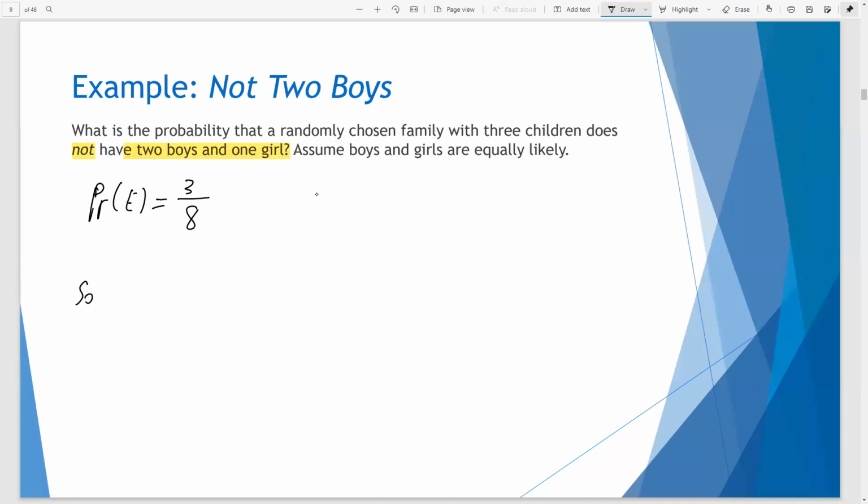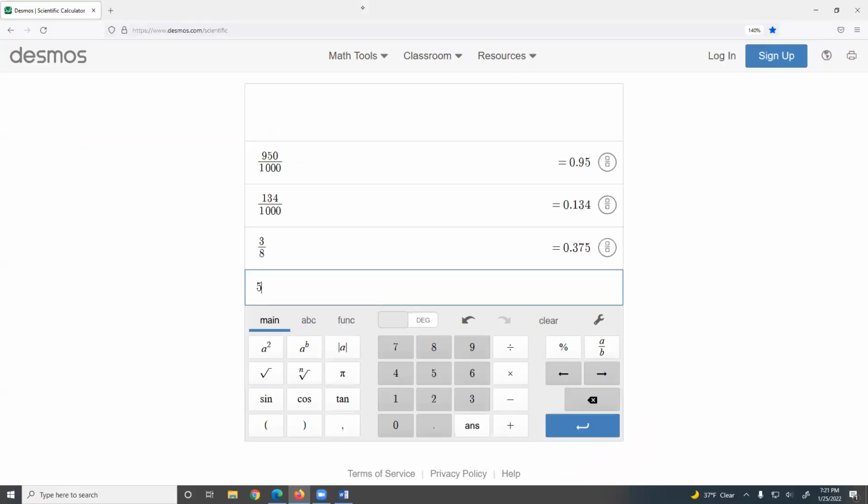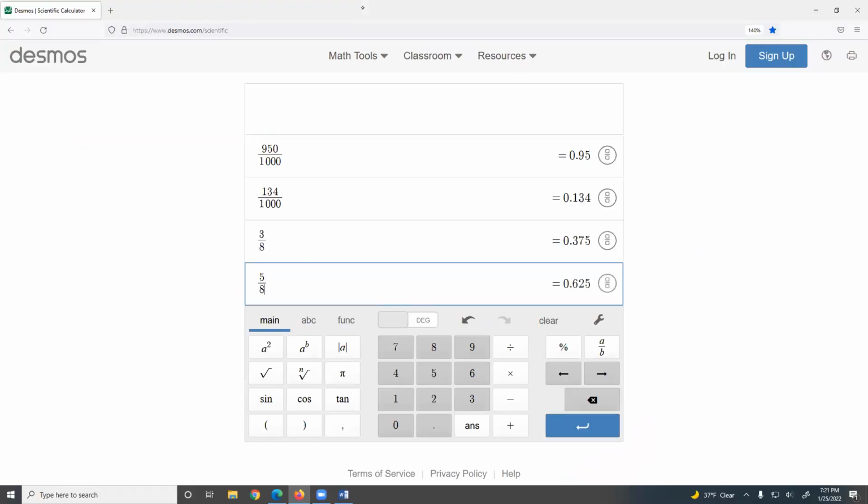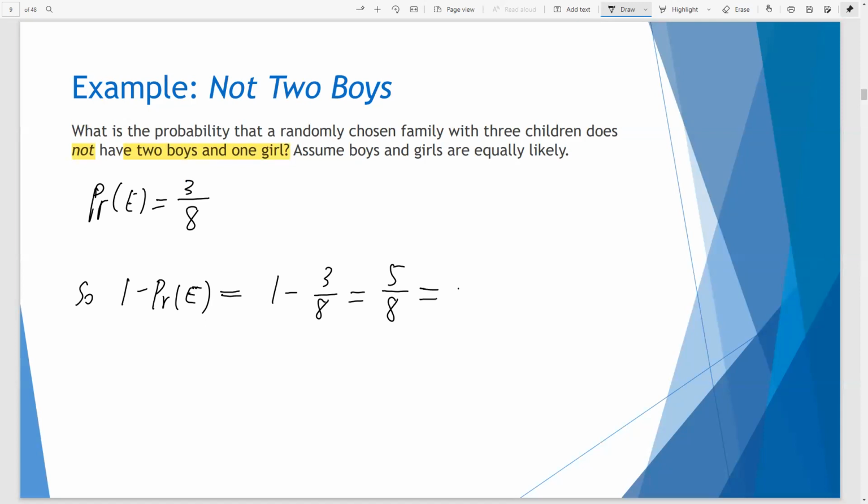This is called the complement, right? 1 minus it will be 1 minus 3/8, that is 5/8. And you can keep 5/8 as the final answer since that's the simplest, or you can convert to decimals. 5/8 is 0.625, right?